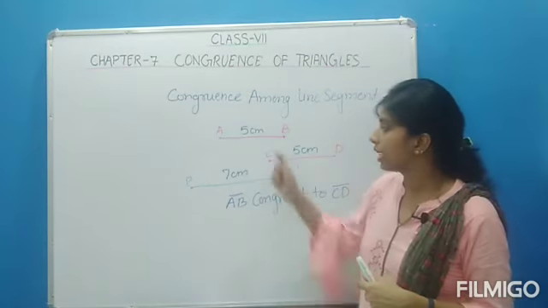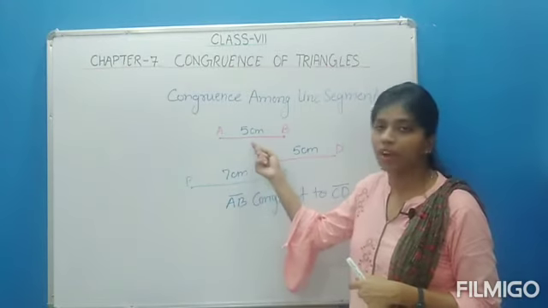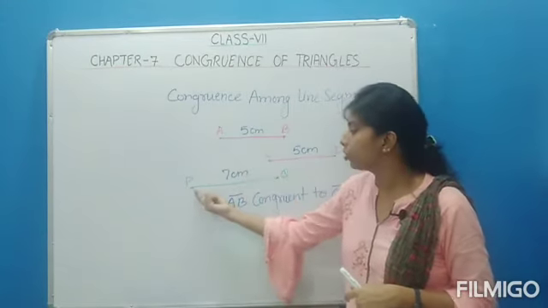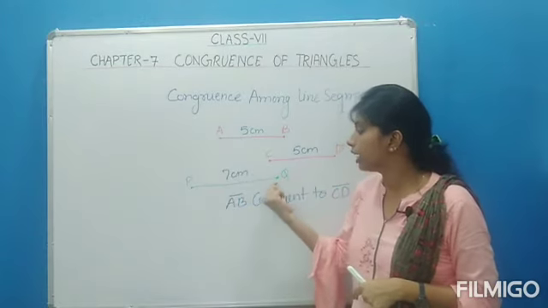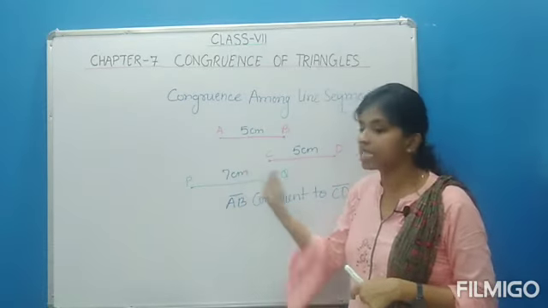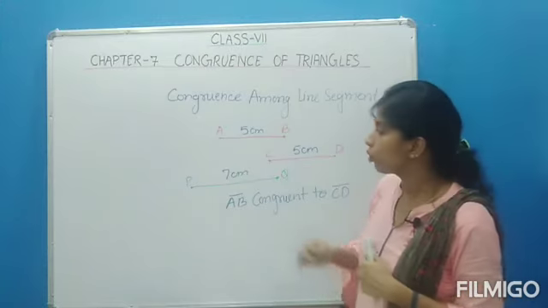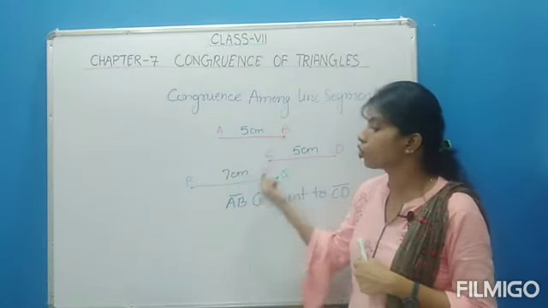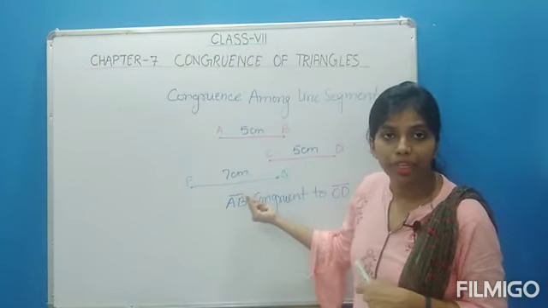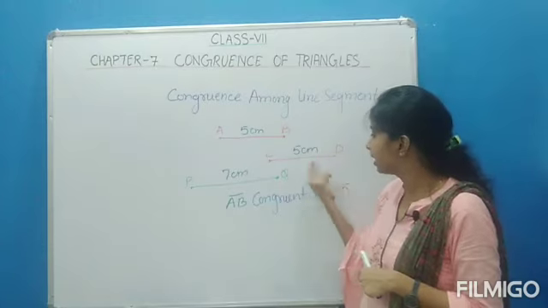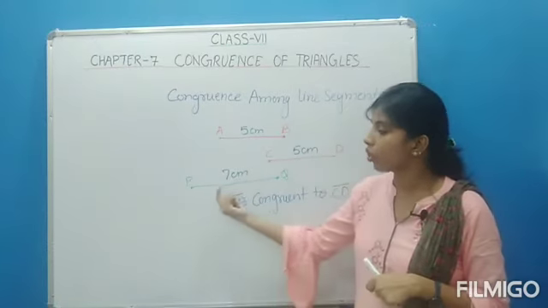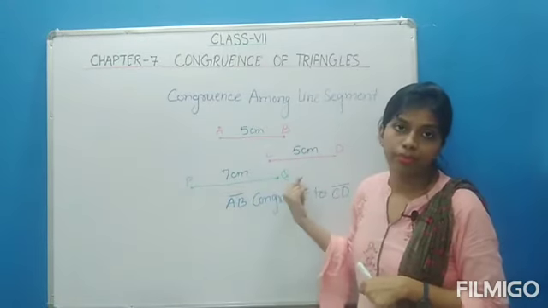No, because the length of AB is 5 centimeter, but the length of line segment PQ is 7 centimeter. Since their lengths are not equal, AB is not congruent to PQ. Similarly, CD is not congruent to PQ.